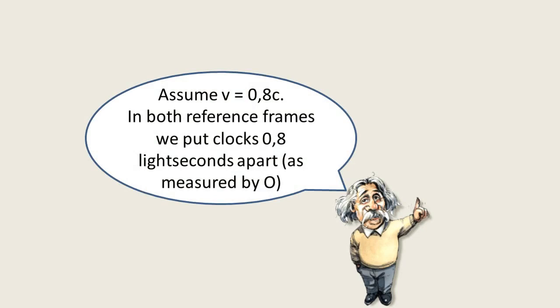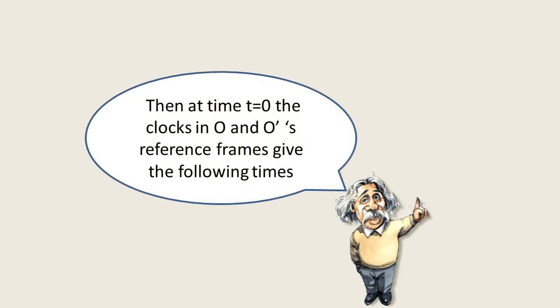Assume that the speed is 0.8 times the light speed, and in both reference frames we put clocks which are 0.8 light seconds apart, as measured by observer O. Then at time 0, the clocks in O and O' reference frames give the following times.